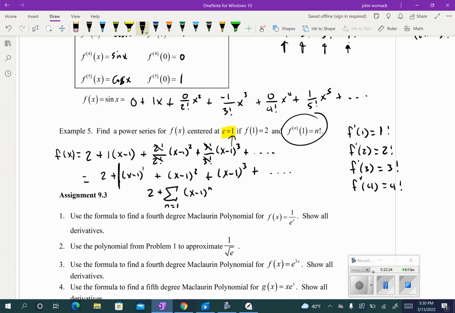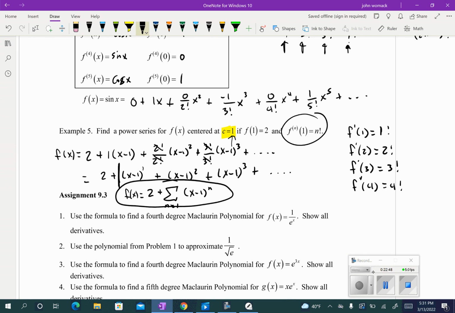That's x minus 1 to the first, x minus 1 to the second, x minus 1 to the third. So by moving that 2 out, it makes it a lot easier to write this. So this, right, f of x equals this. This is equivalent to the function f of x up there when it's centered at c equals 1.